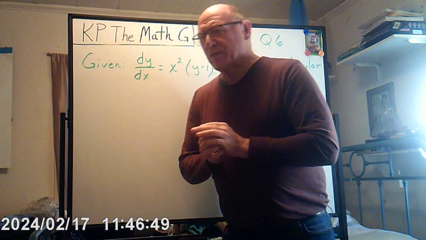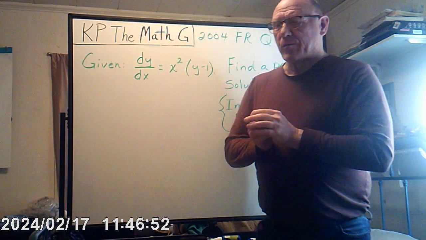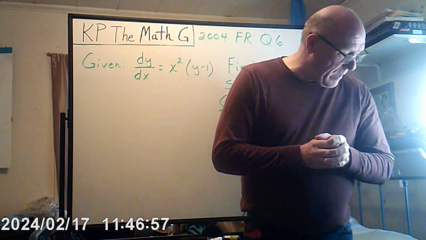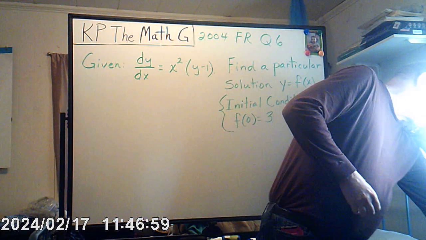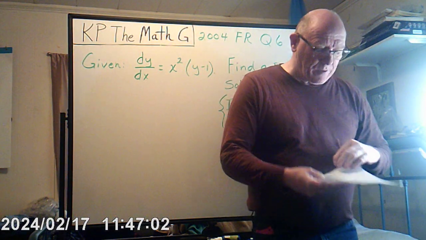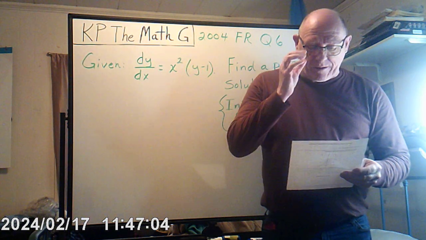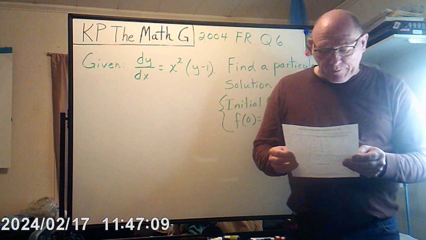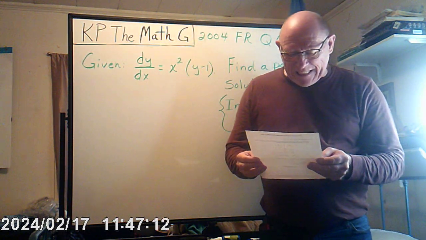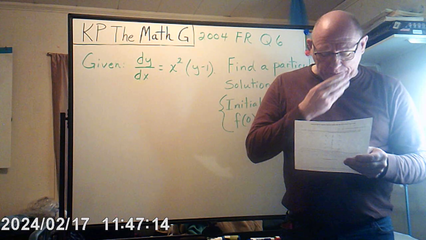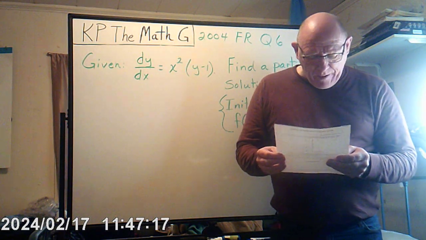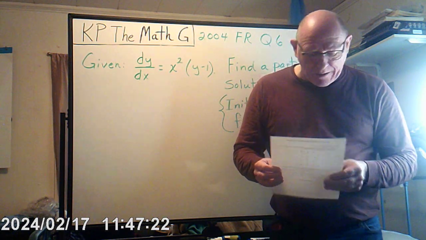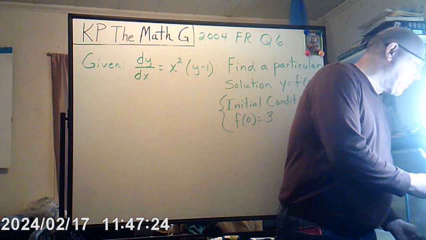Remember from my last video, we answered parts A and B. If you go back to my previous video, we had to plot a slope field and then describe all points in the XY plane for which the slopes are positive. So those were the first two questions.